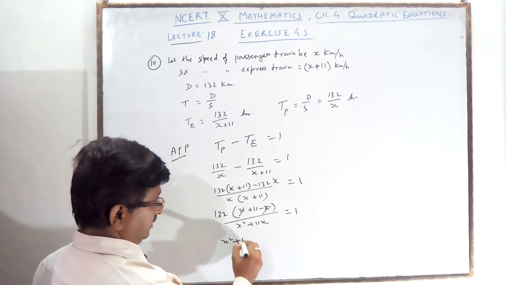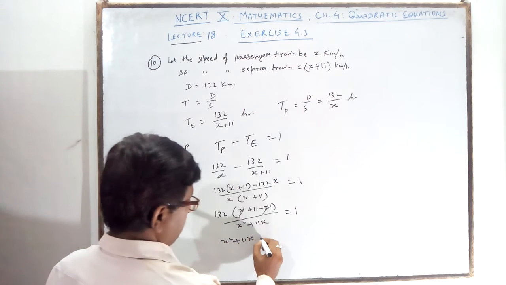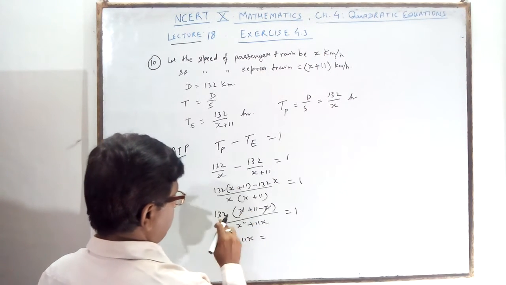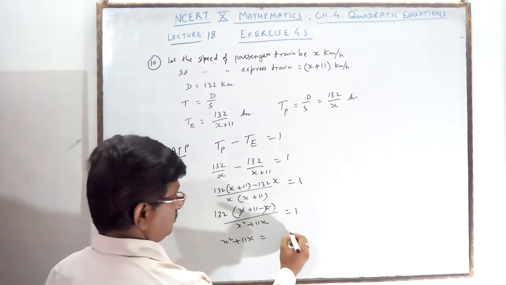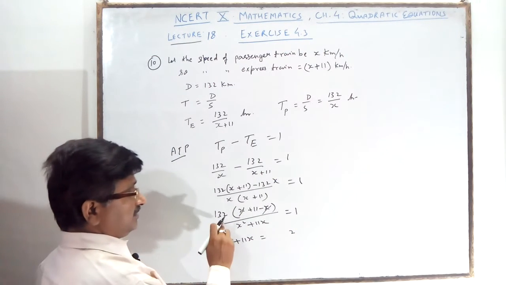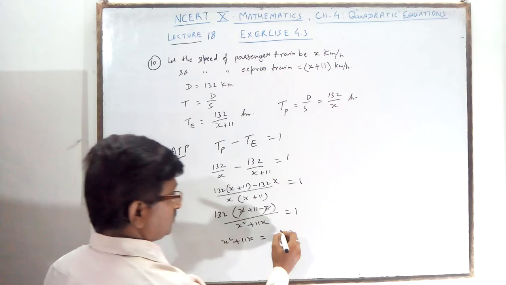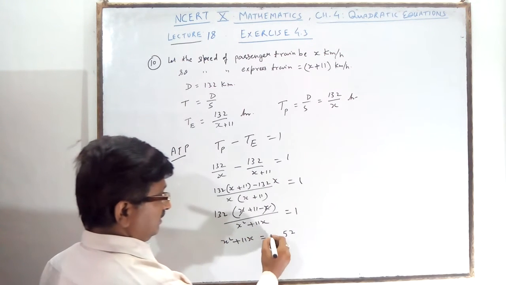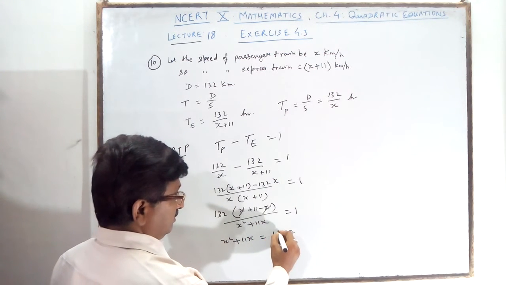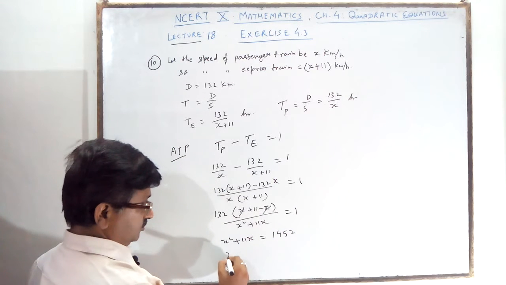So x square plus 11x is equal to 11 into 132. 11 into 132: 11 times 2 is 22, 11 times 3 is 33 plus 2, 35, 11 times 1 is 11 and 3, 40, so 1452.